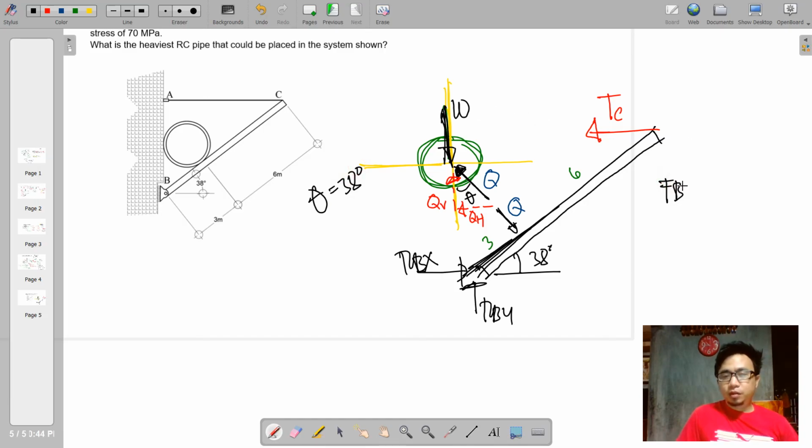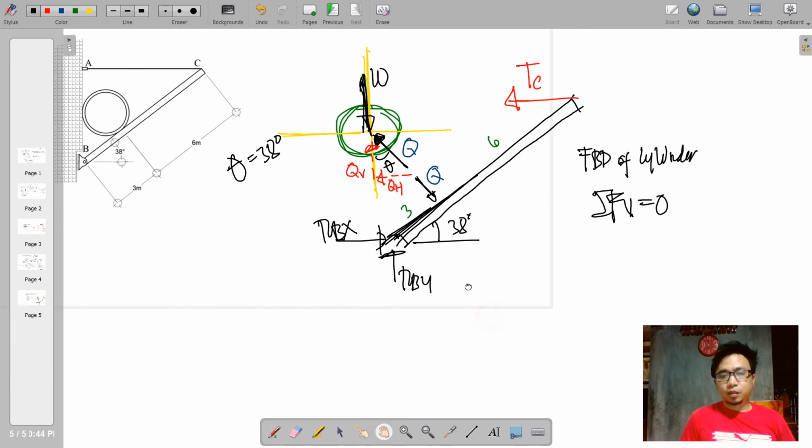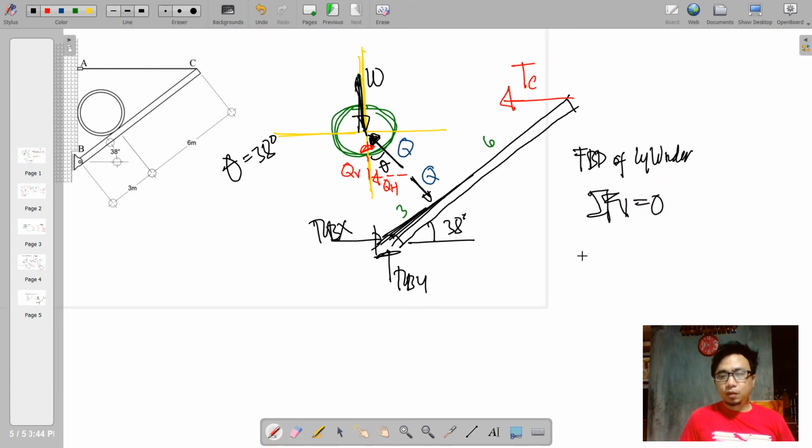From the FBD of the cylinder, we can just say the summation of forces vertical is equal to 0. Negative W, that is going downwards, plus an upwards component of Q, which is QV. This shall equate to 0 to attain equilibrium.